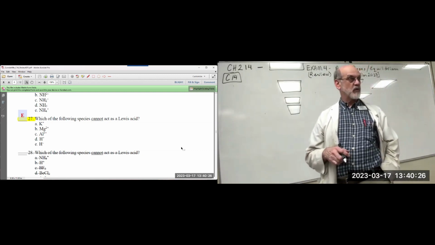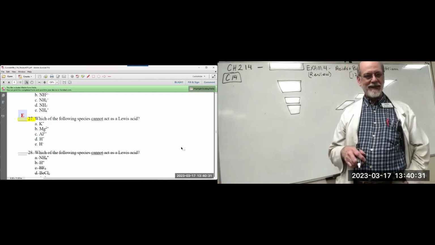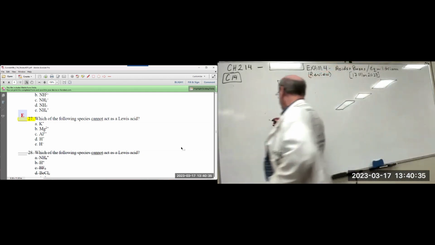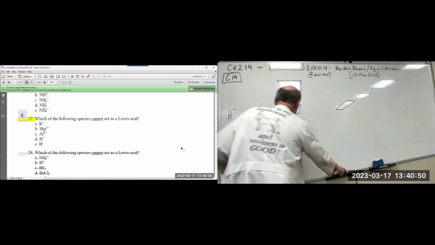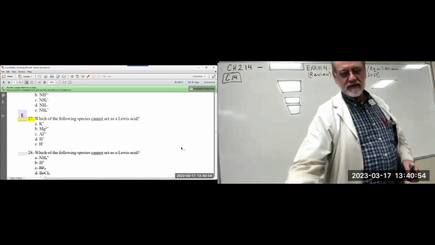It cannot accept more electrons. For one thing, what's its electronic structure? It's got a complete s orbital. There's no place to put them easily.